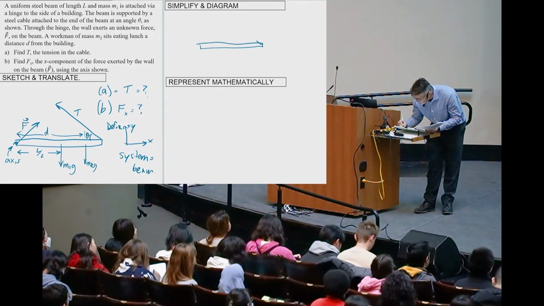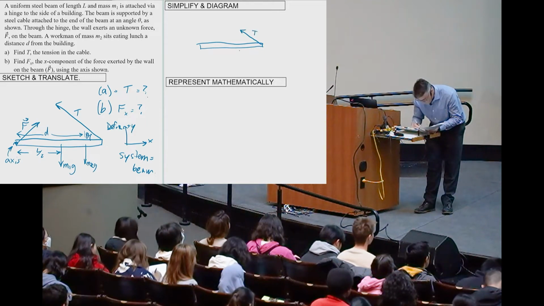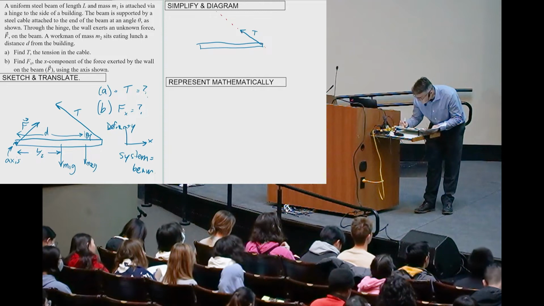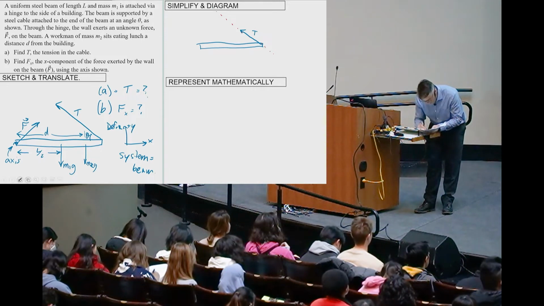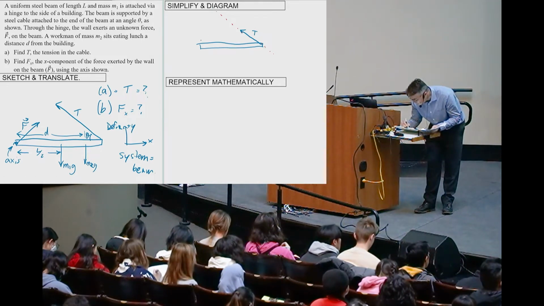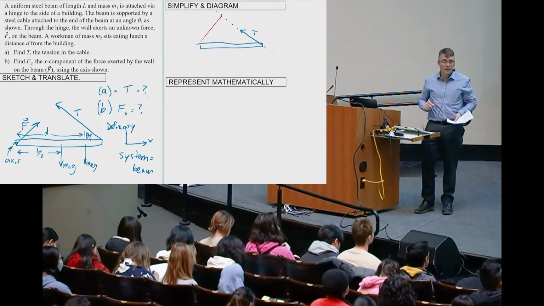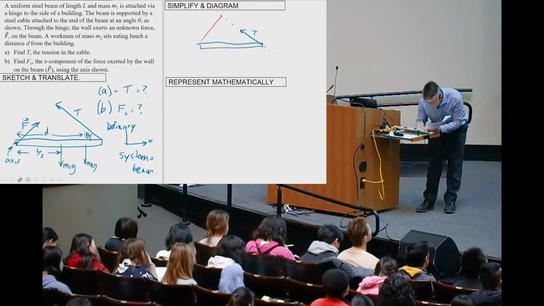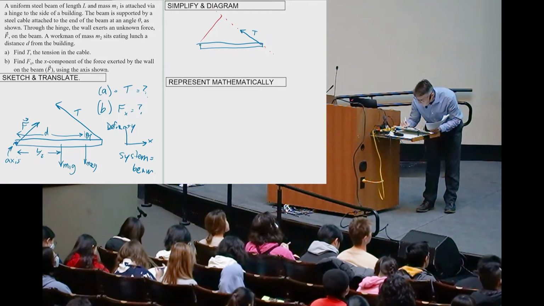So remember, if the tension acts like this, the trick is to draw a force line through it, and then the perpendicular distance from the force line to the rotation axis is equal to the lever arm.